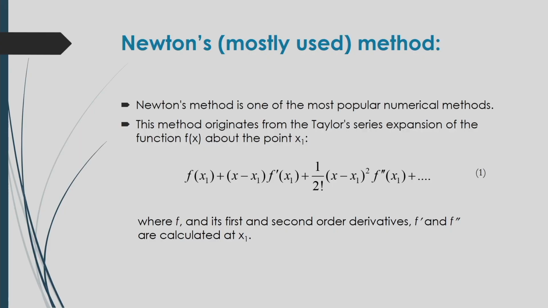If we write the Taylor series for the expansion of this function f of x at this point x1, we can write f of x1 plus x minus x1 into f dash x1 plus 1 by 2 factorial into x minus x1 whole square into f double dash x1 plus dot dot dot.